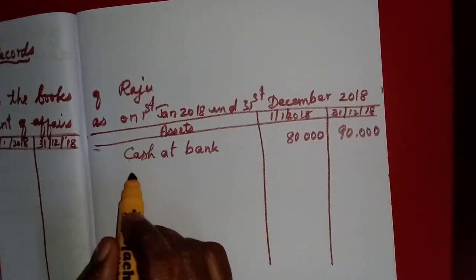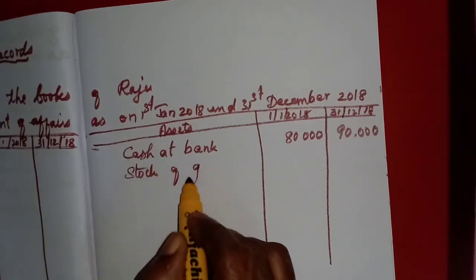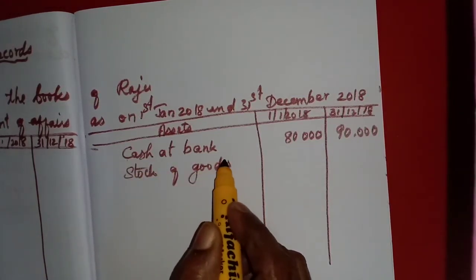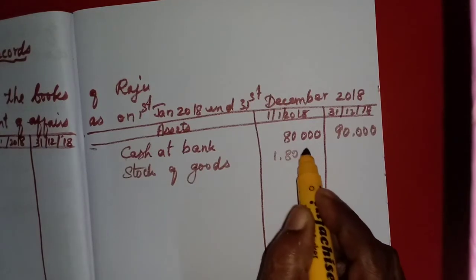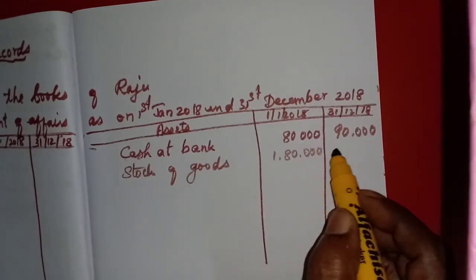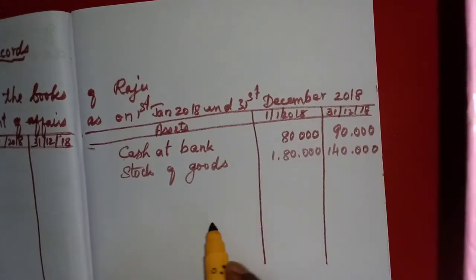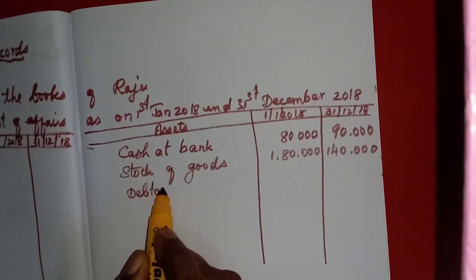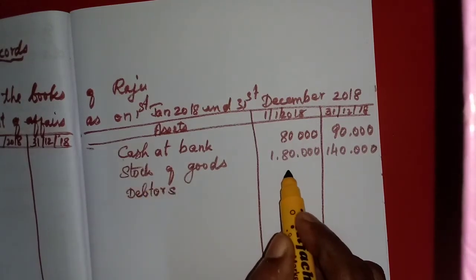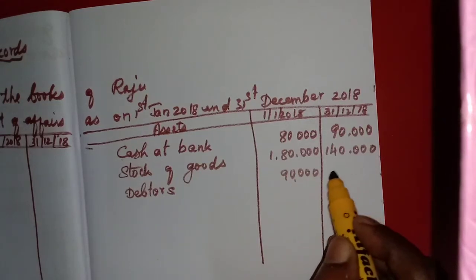And stock of goods, one lakh 80,000, here 1,40,000. Then debtors 90,000, here 2 lakh.